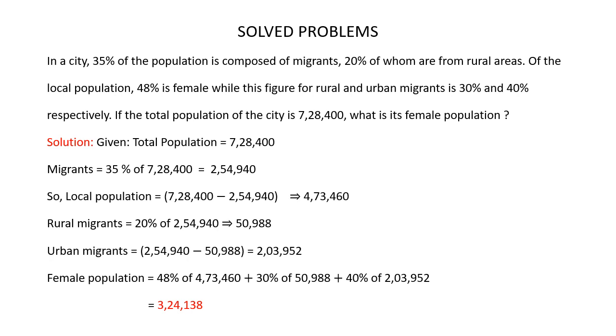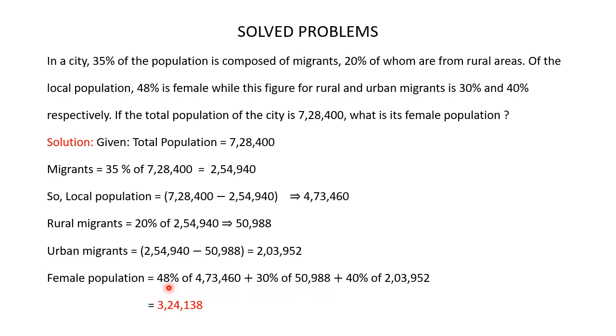It's given that 40% of the urban migrants are females. We know that urban migrants are 2,03,952. So 40% of 2,03,952 are females. So when we add all these three, we'll get the total number of females in the city.